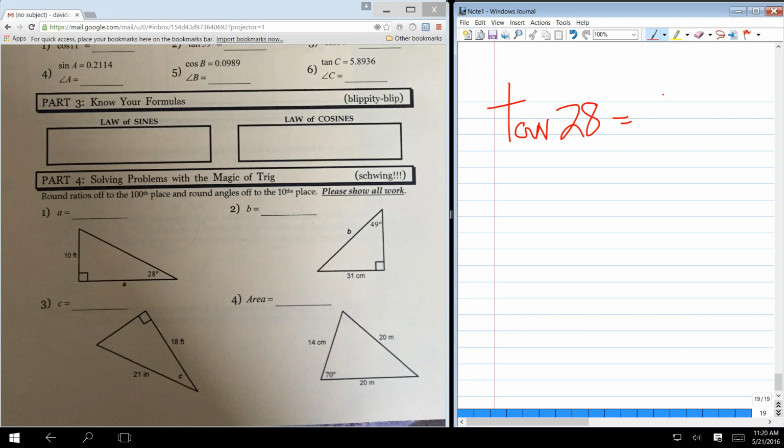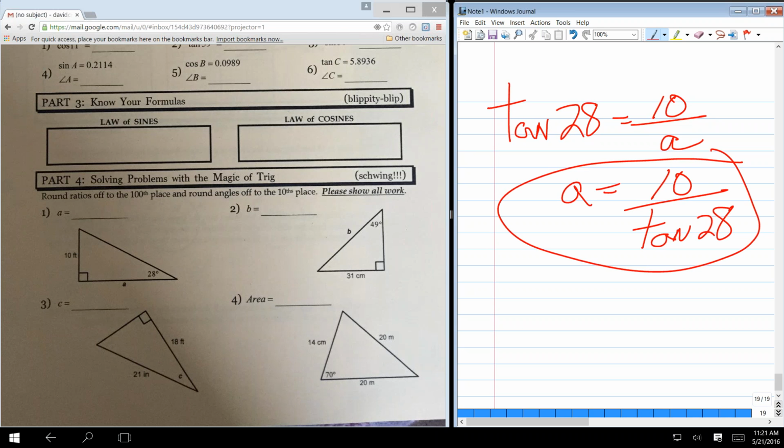0.5317. Start off 10 divided by A. That's what the tangent of that is, 5.3. And then you solve for A. In other words, you got A, yeah, 5.3 divided by 10 of 28. Yeah. Okay.